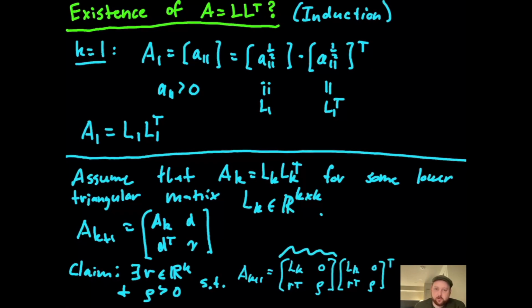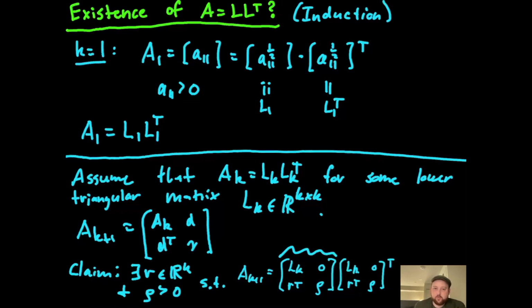This would be our Cholesky factor for the AK plus 1 leading principal submatrix, because it is itself lower triangular, and we've constructed it by taking the previous Cholesky factor for AK and then stacking below it this R transpose and this rho. So this vector and this scalar that we're claiming exist.